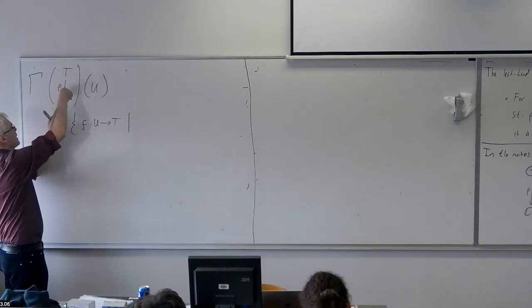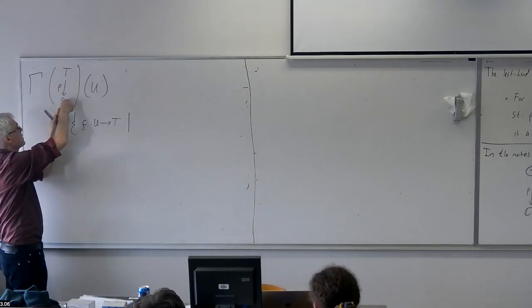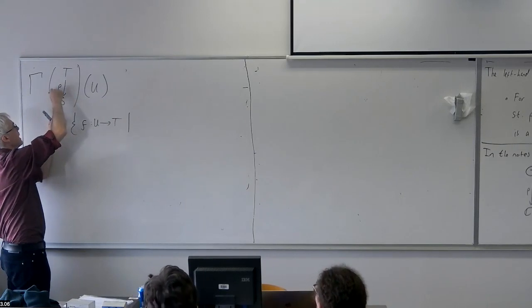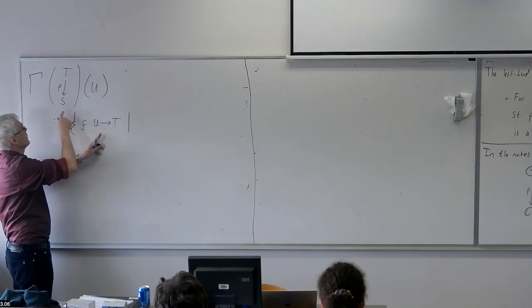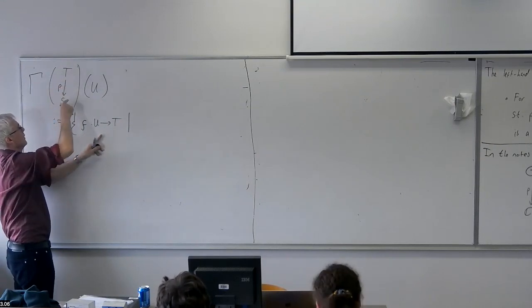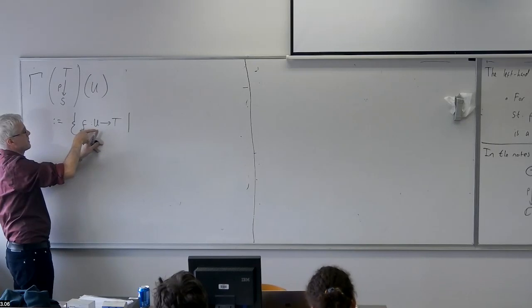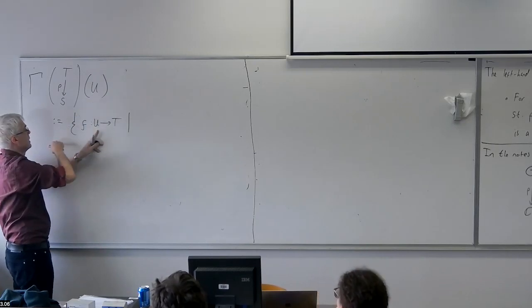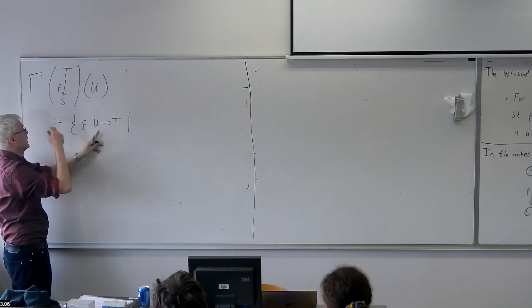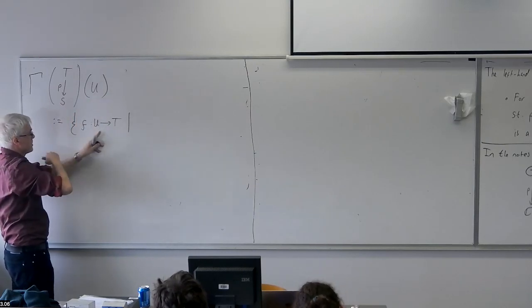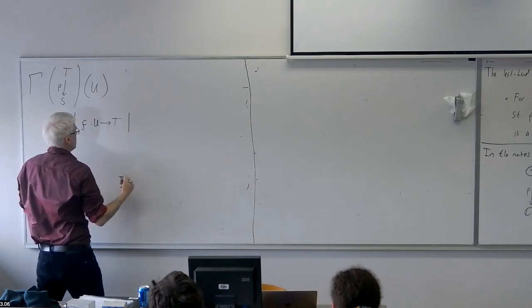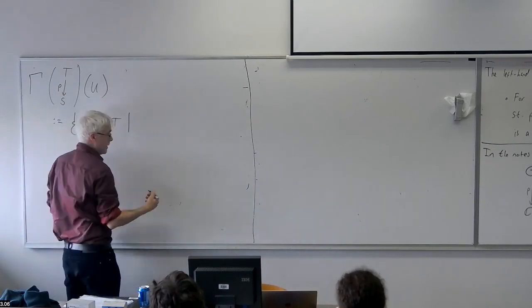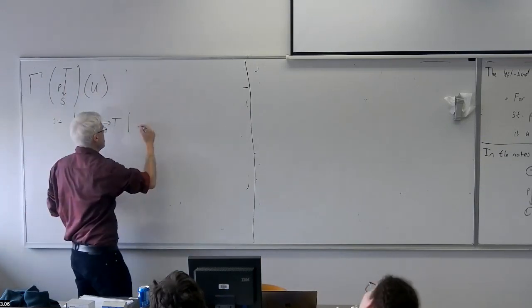So remember, a section of a map, we did that when we did split epimorphisms. A section of a split epimorphism is a map in the other direction that's a one-sided inverse. Namely, if you go round the loop to S, you get back the identity. Here, F is not a one-sided inverse to P on the whole of S because it's just defined on an open subset of S. The U here is an open subset of S because our sheaves are pre-sheaves on the opens of S. But still, you can obviously state the property that if you go around the loop, you get the identity.